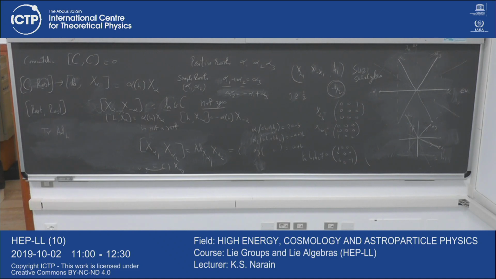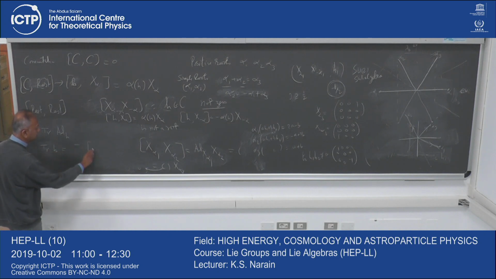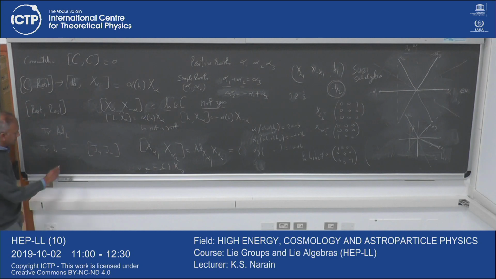We said the trace of sigma 3, or sigma 3 by 2, H. I could obtain H as a commutator of J plus and J minus, with some non-zero number as coefficient, 1/2 or whatever. And then the trace of this commutator must vanish. That was the idea, right?